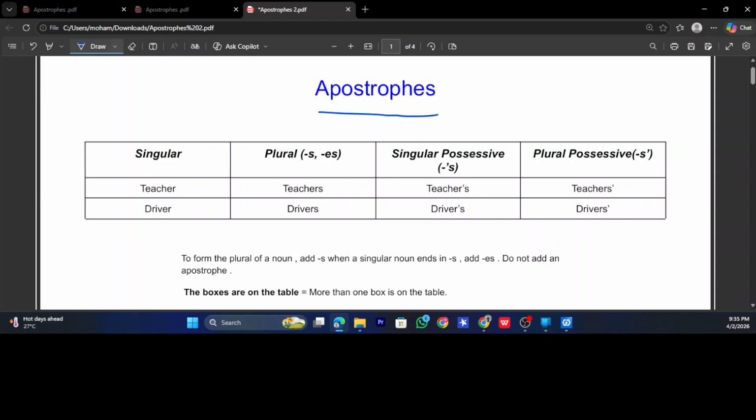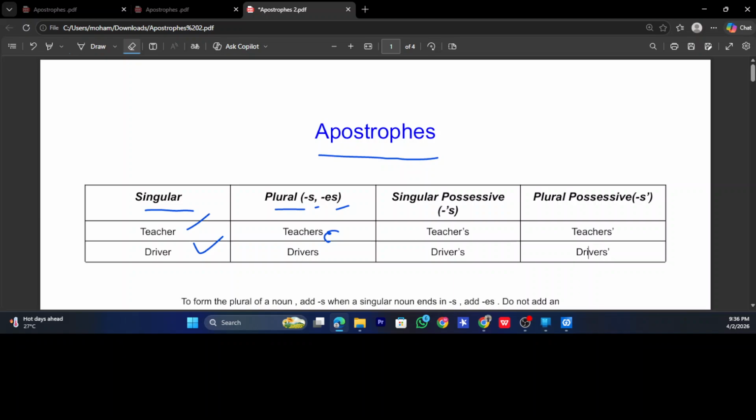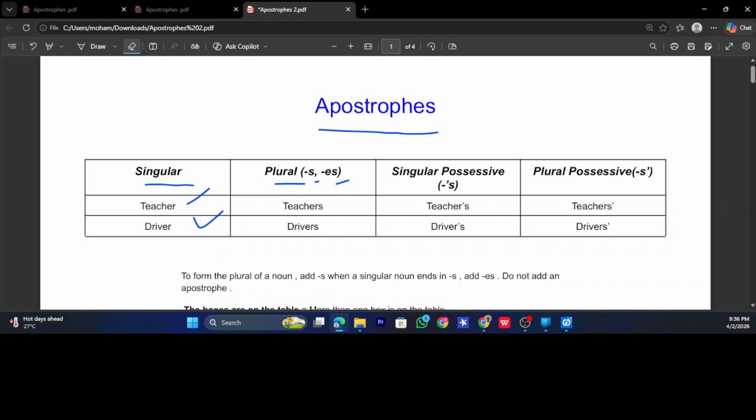If you look at any example, like the singular teacher or diver, the plural uses s and es. For the singular possessive, you use an apostrophe: teacher's, and diver's.